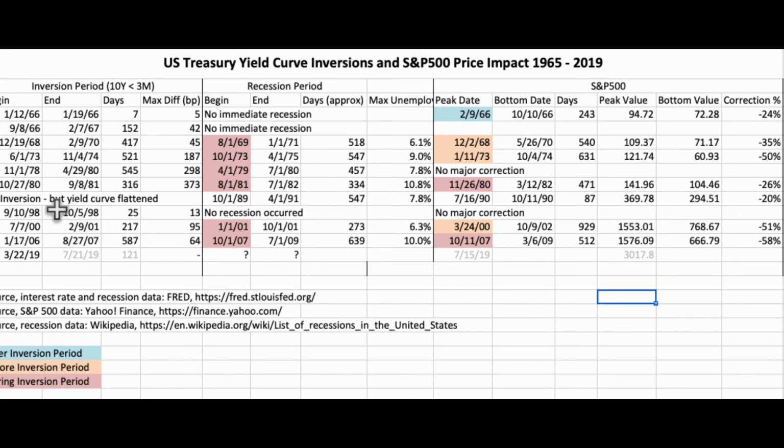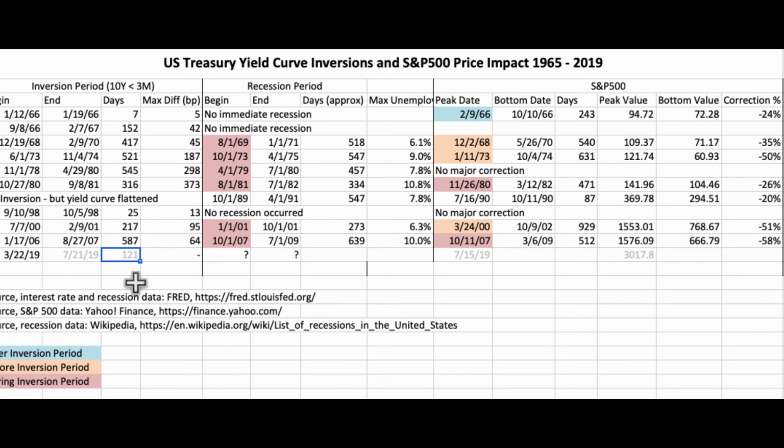As you can see here, there was another brief inversion that occurred in 1998. It only lasted for 25 days, so that didn't turn out to be anything. But right now we're 121 days. Well, actually, I made this chart a few days ago. We're more like 125 days now into a yield curve inversion.